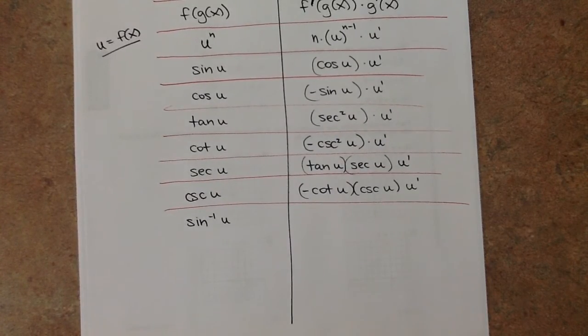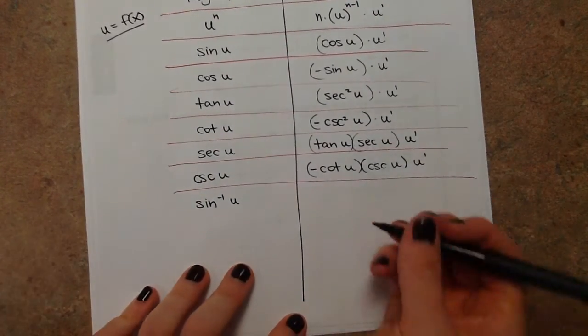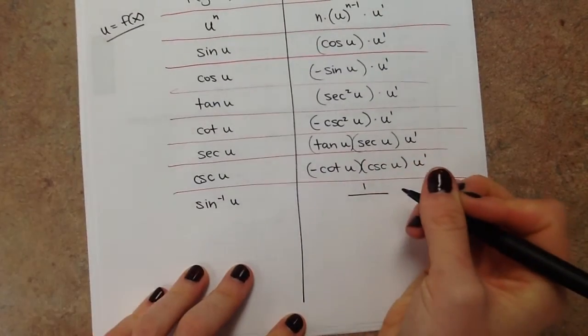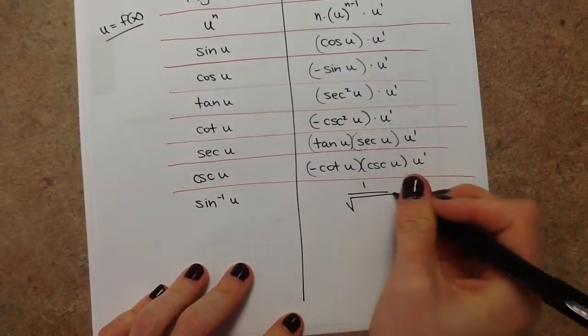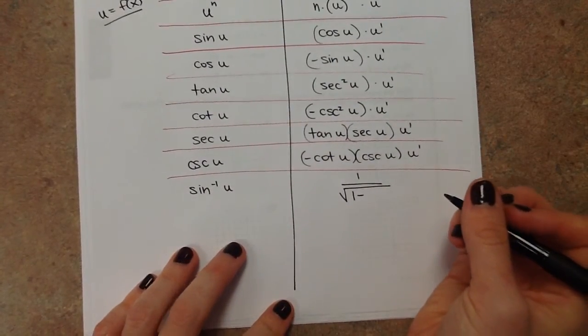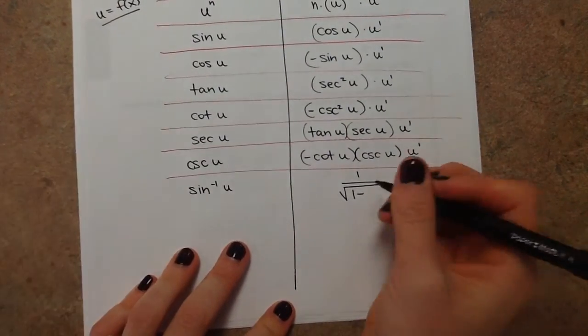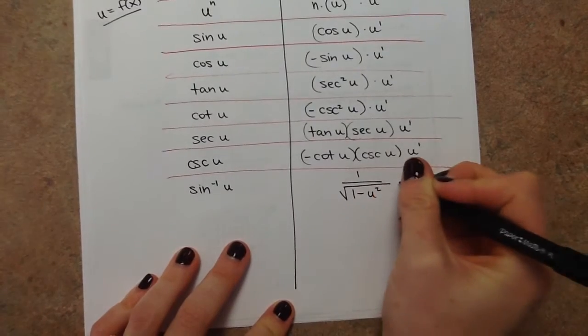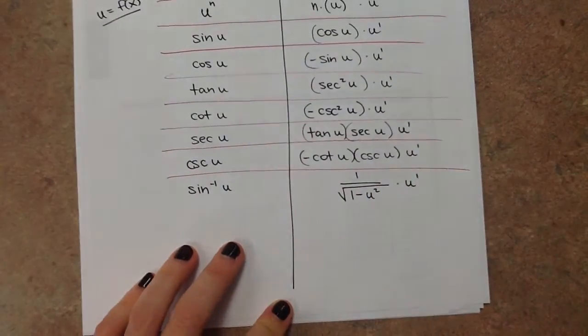Secant sucks, yeah. So sine inverse, we have 1 over, and then remember sine and secant have square roots and subtractions. This would be 1 minus. In the non-chain rule version, this is just an x squared, but in the chain rule version, we plug u in there and then times u prime.